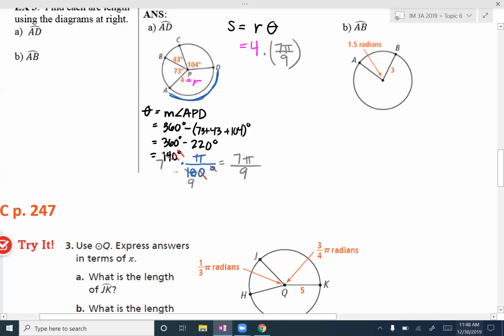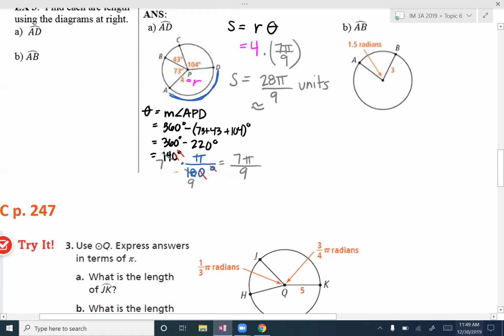I want to write this typically using the value for pi the same way that I did with the angle. In general, our answer should be, since 4 and 9 don't reduce, if I multiply 4 times 7, 28 pi over 9. They don't give us a unit of measure for the radius, so we would just write units here.